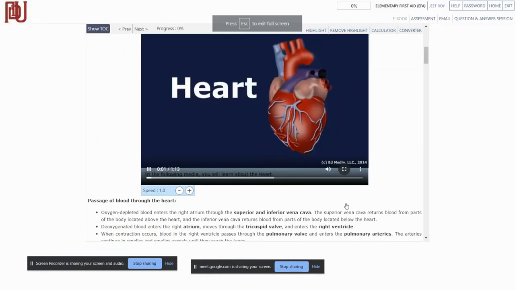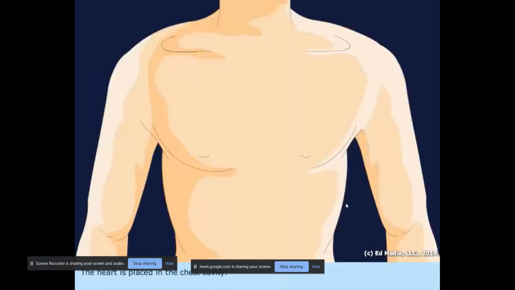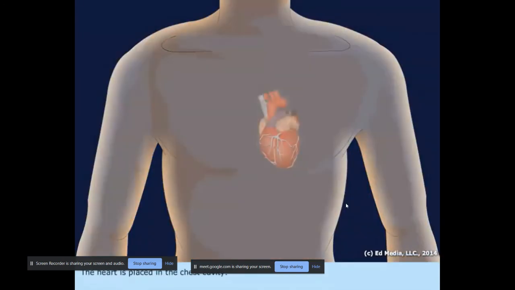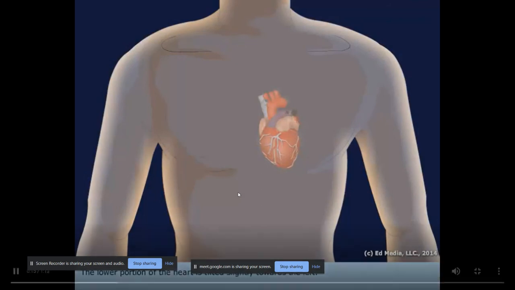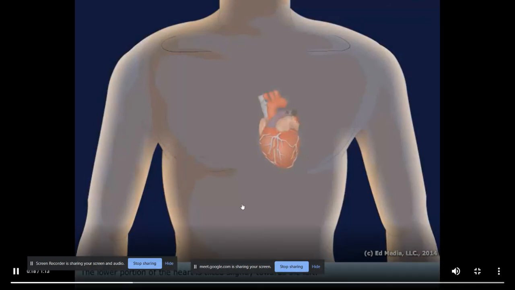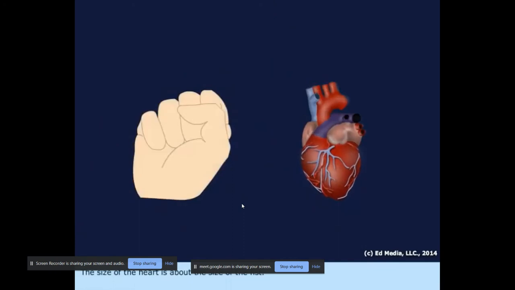In the following media, you will learn about the heart. The heart is placed in the chest cavity. The lower portion of the heart is tilted slightly towards the left. The size of the heart is about the size of a fist.